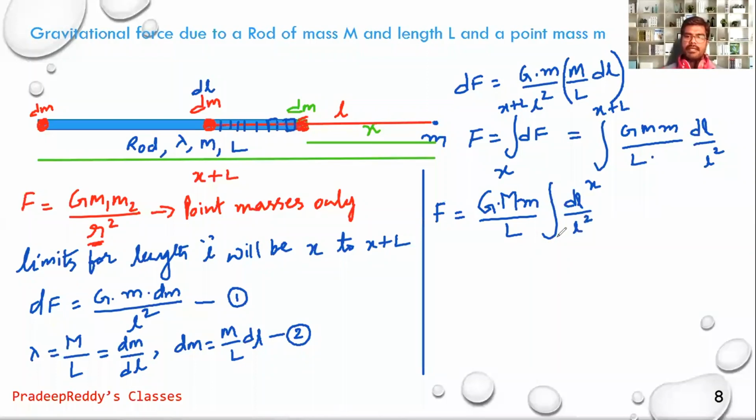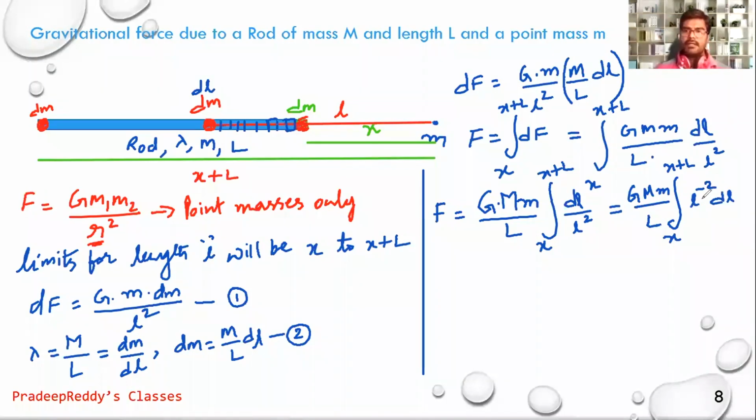Limits are from x to x plus L. This is in the form of integration of 1 by x square. So simply you can write this as capital G, capital M, small m divided by L, integration x to x plus capital L into l power minus 2 into dl.